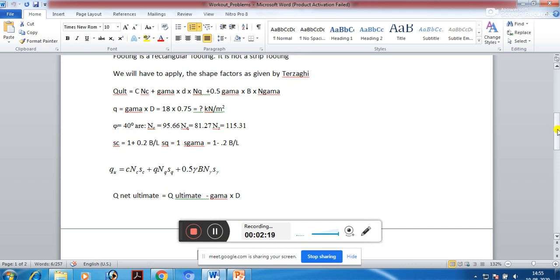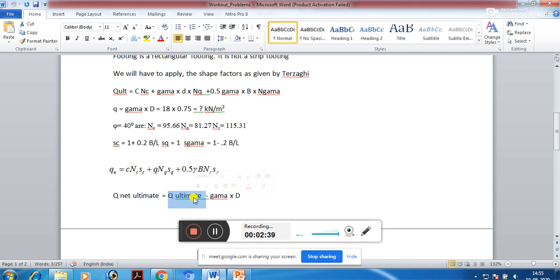So only with the shape factors applied in Terzaghi's bearing capacity equation, you should be able to find the ultimate bearing capacity.